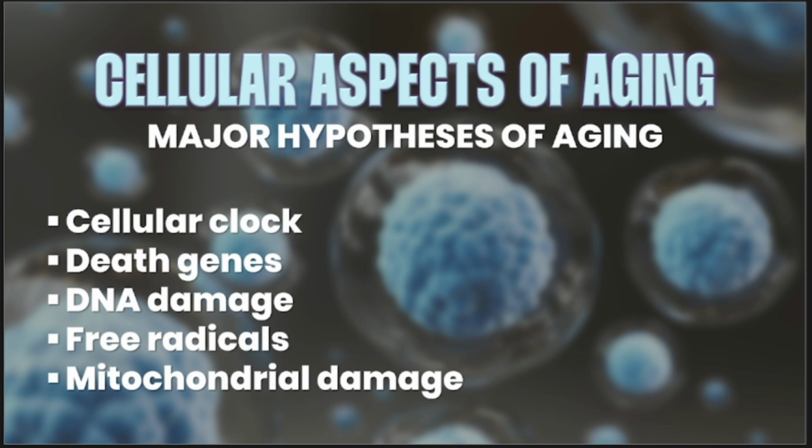And lastly, we have your mitochondrial damage. This suggests that damage to the mitochondria, the energy-producing structure in the cell, would affect cellular function and contribute to the aging process. So those are the different major hypotheses of cellular aging.